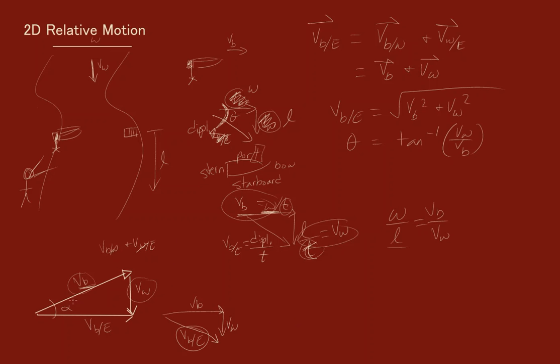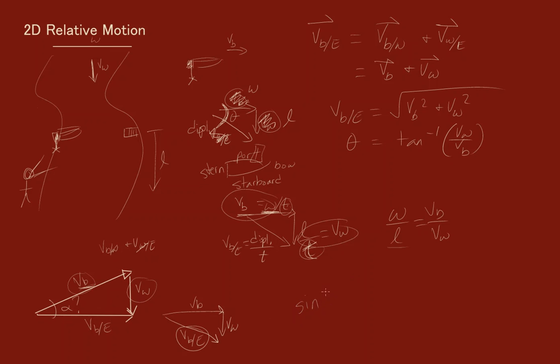Okay, so let's figure out, what does our heading need to be? What does our orientation need to be in order to get directly across? In this case, our angle, alpha, we know the speed of the water, we know the speed of the boat relative to the water.